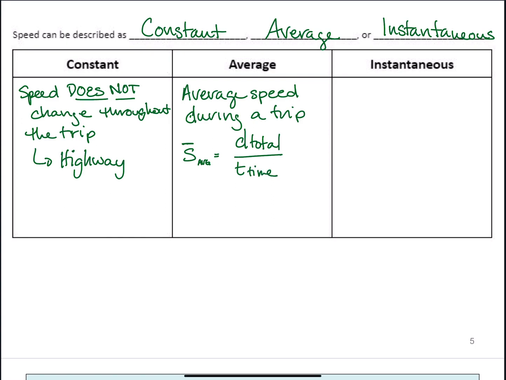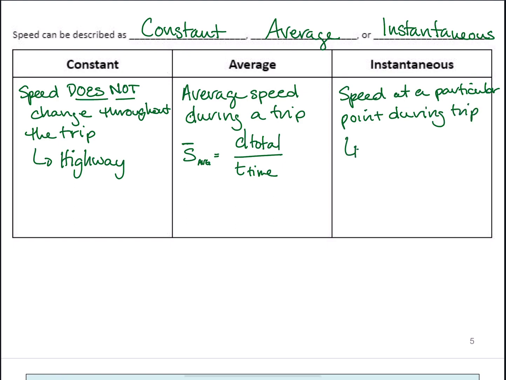Now, the last one is instantaneous speed. And that is your speed at a particular point during your trip. This is really when you look at your speedometer. Let's say you glance down and you're going 65 miles per hour.